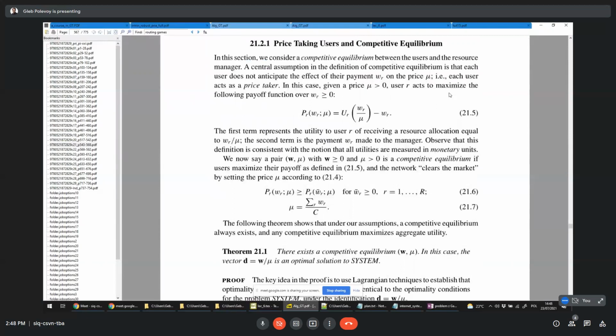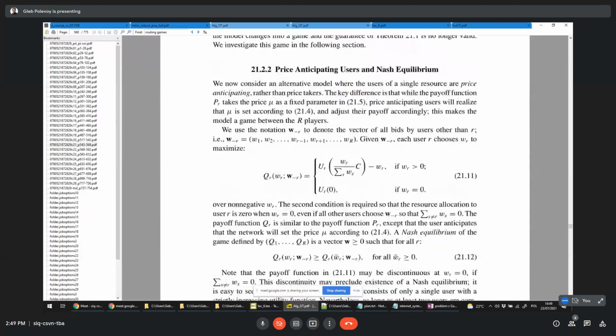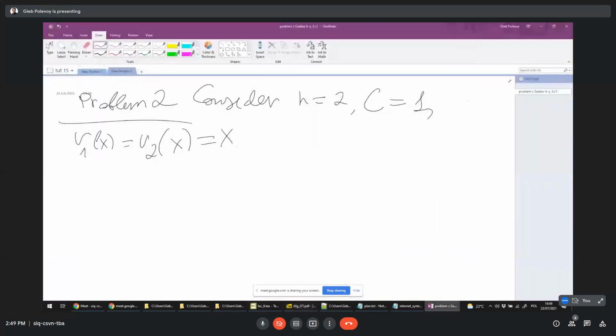So let's take a look, and I start with asking what is the equilibrium? What is actually the Nash equilibrium here? So I look at this function and I write this function, QR.